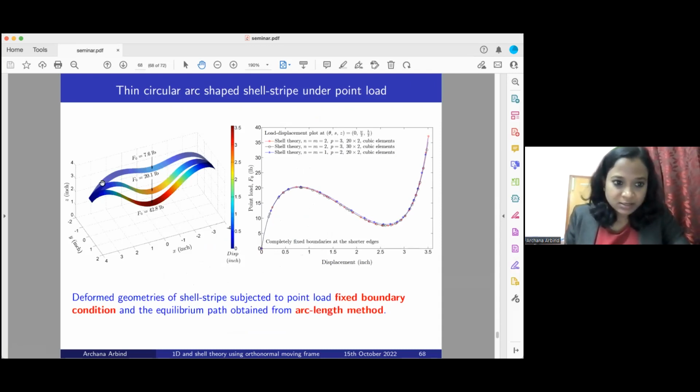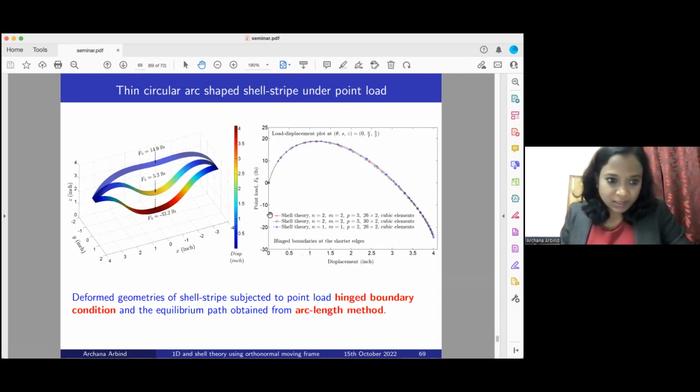Here, this is the different shape at different loading, and here is the path. And for different approximation orders, we see that it is getting converged. Here for the hinged boundary condition, again we see that for increased approximation it gets converged.